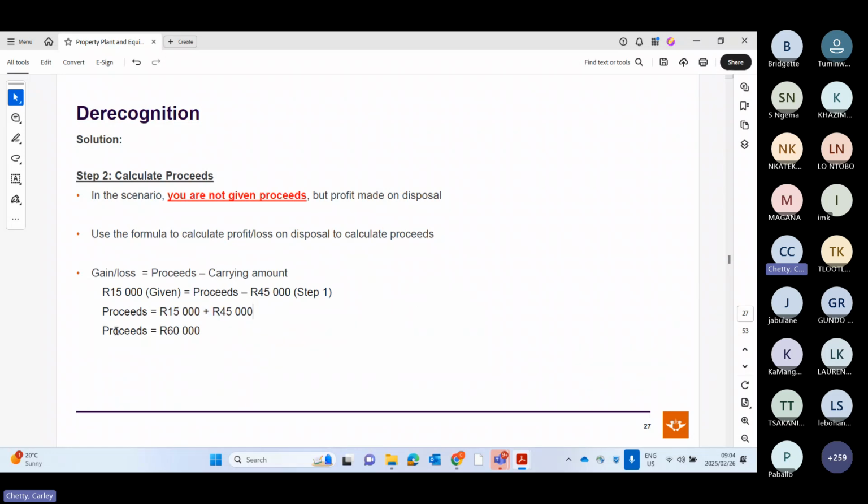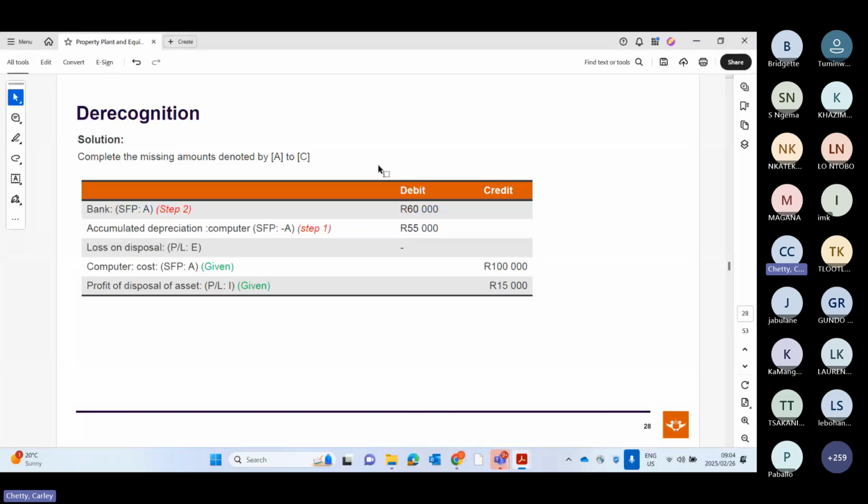We know that the proceeds is 60,000. We worked out our accumulated depreciation, which is 55,000. The computer cost was given as 100,000, and the profit on disposal of the asset was 15,000. So we know all of these amounts. So that is derecognition.